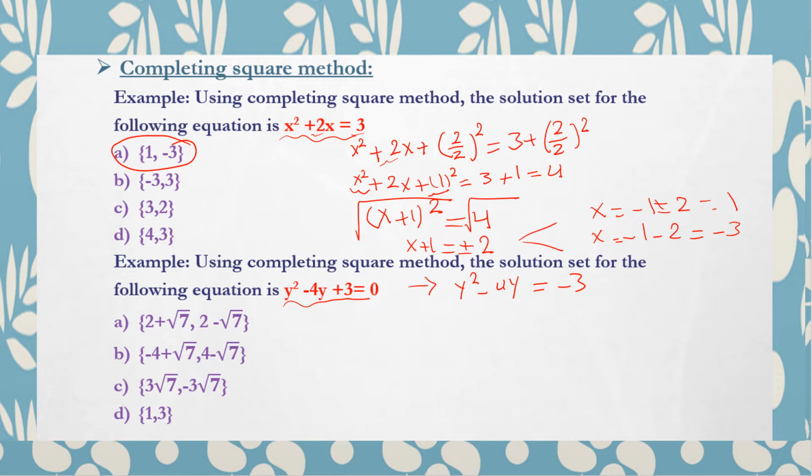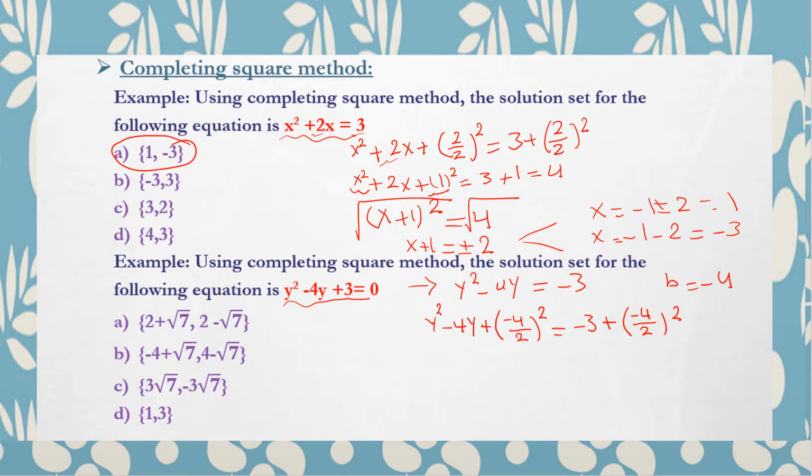After that, we add a term to both sides, and this term equals b over 2, and b here in this equation equals minus 4. So y squared minus 4y plus minus 4 over 2 squared equals minus 3 plus, again, the same term, minus 4 over 2 squared.